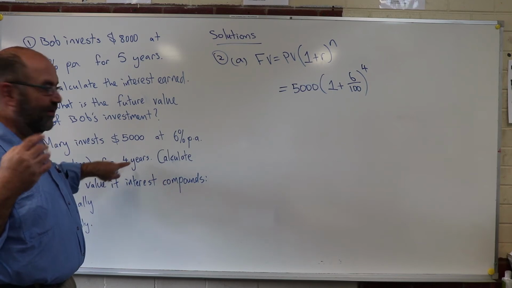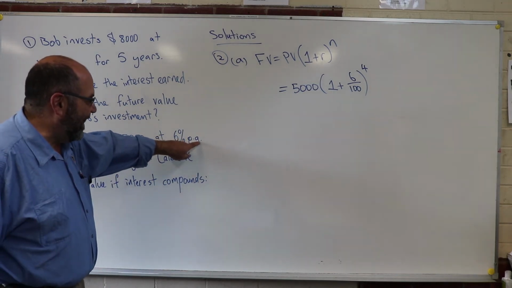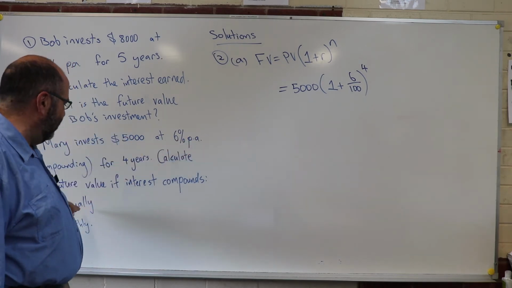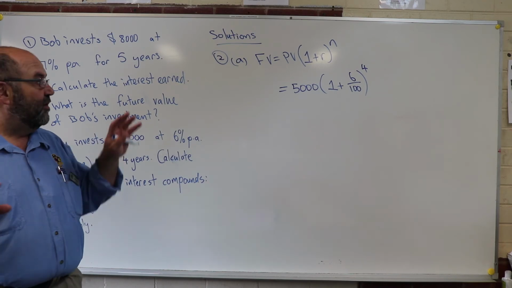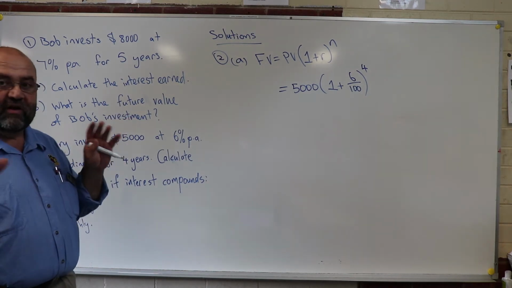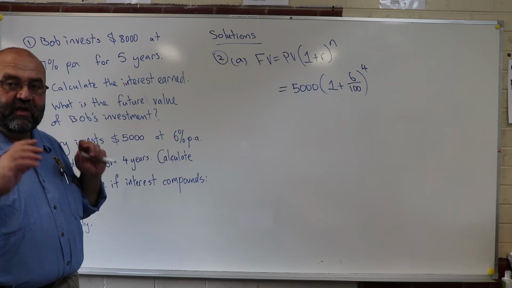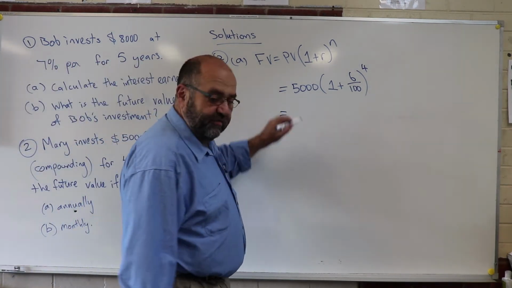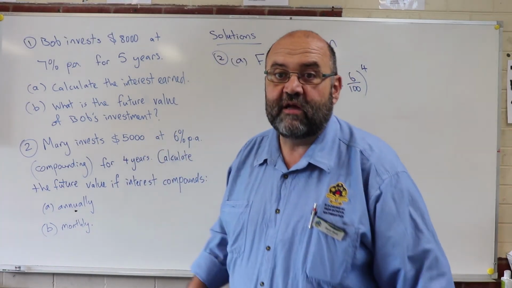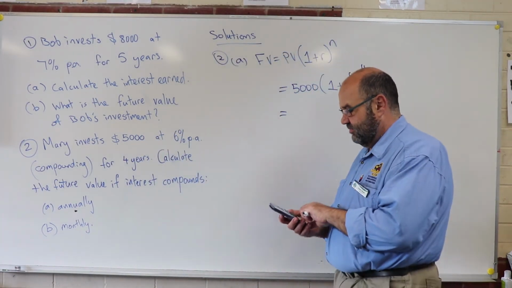So R and N agree. I don't have to change anything, I just put my numbers straight into my formula. And then from here, it's just a matter of getting my calculator and entering values.